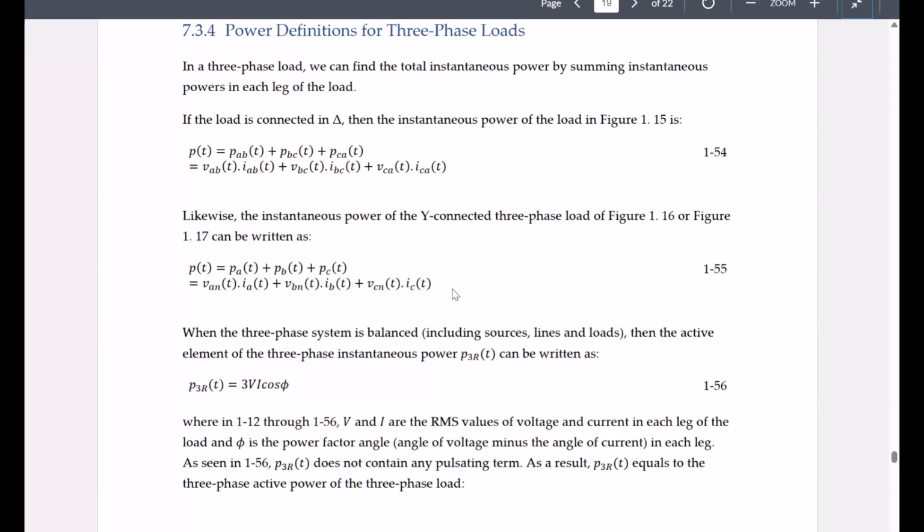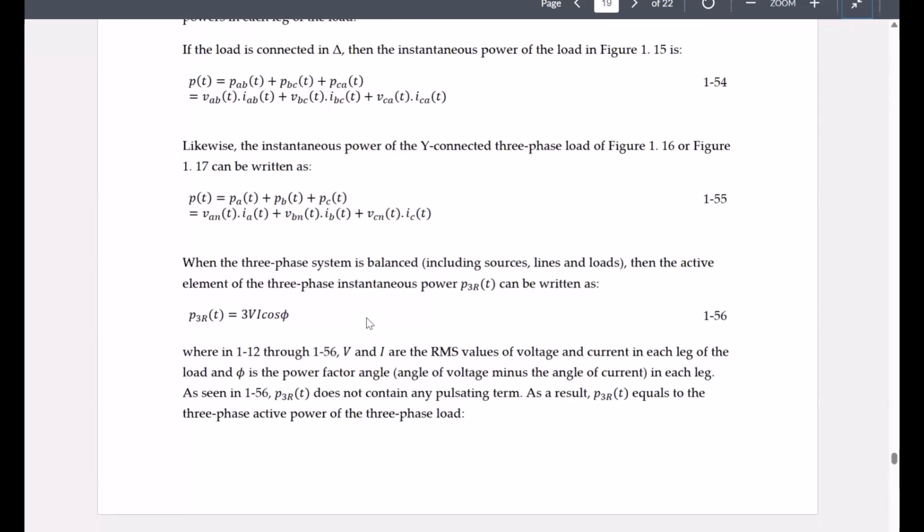If you want to find out the active power of that component, if the system is balanced, it would be found from 3 times the individual single-phase components.